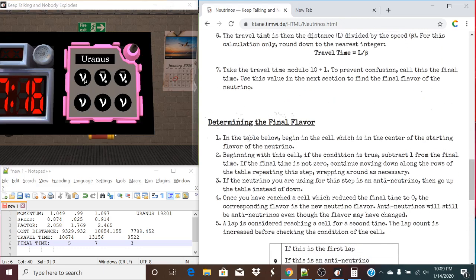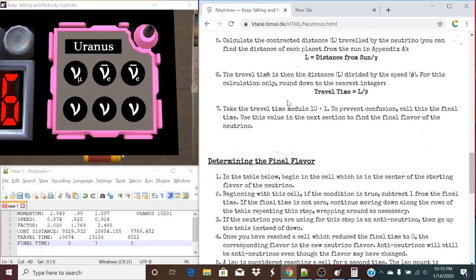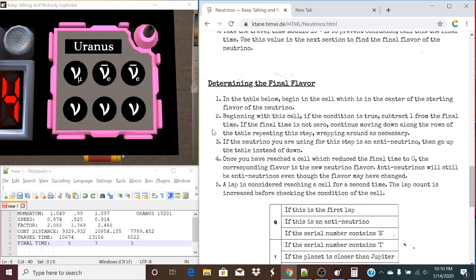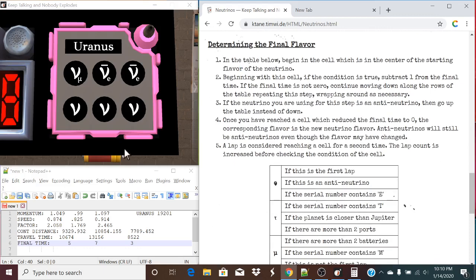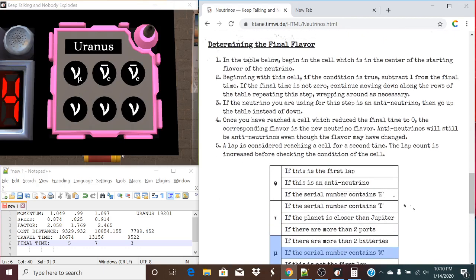It says here in the table below, begin in the cell which is centered from the starting flavor of the neutrino. I'm going to do this one by one instead of with math like I did here, because each of these has a different type of neutrino. In this case we're going to start with mu, and we're going to start in the center cell.